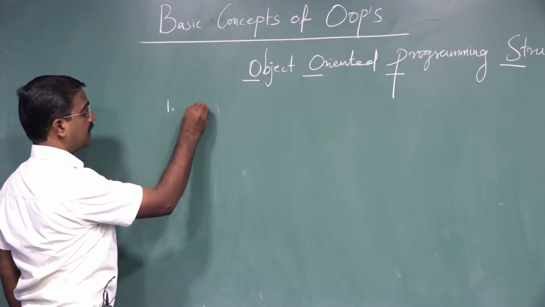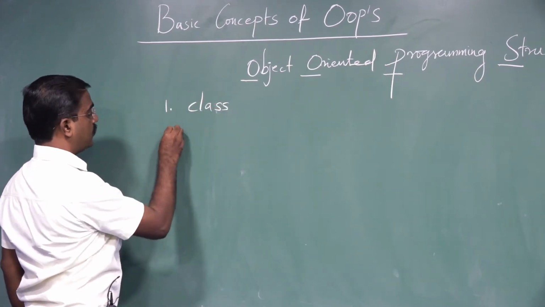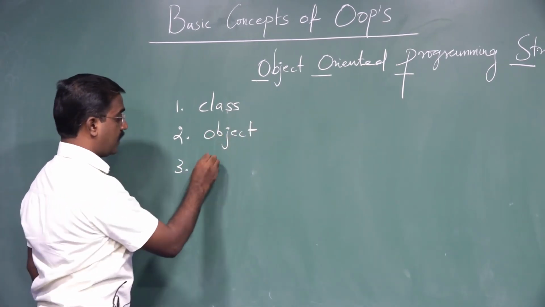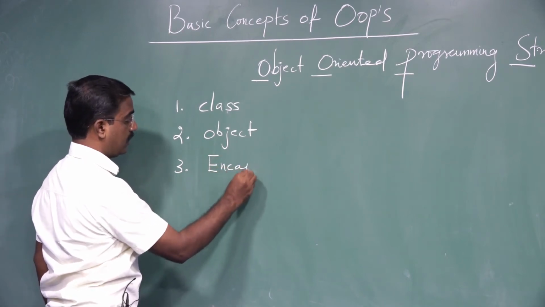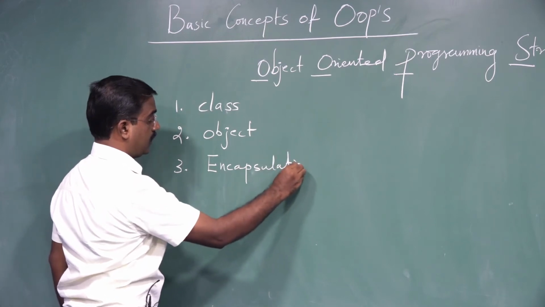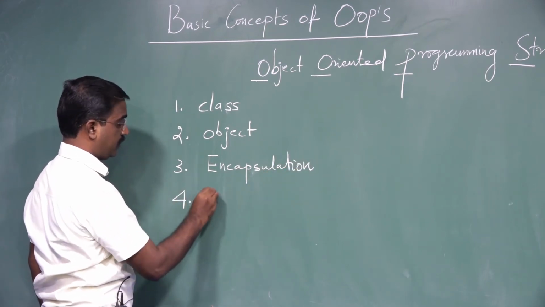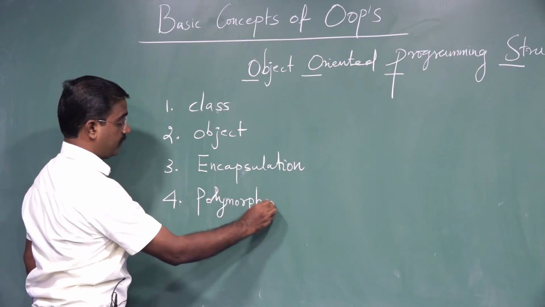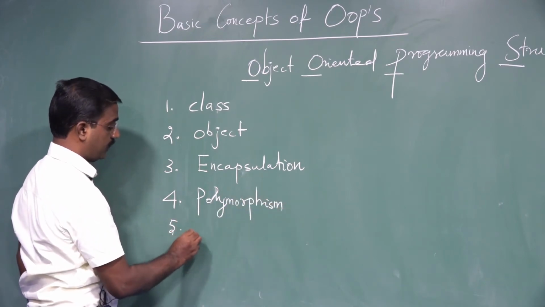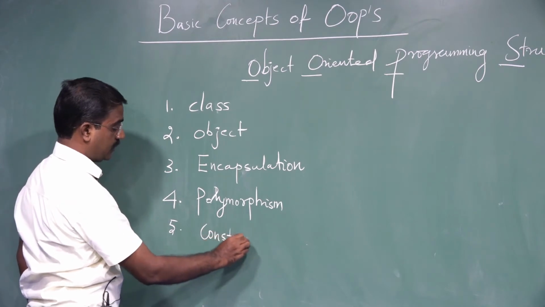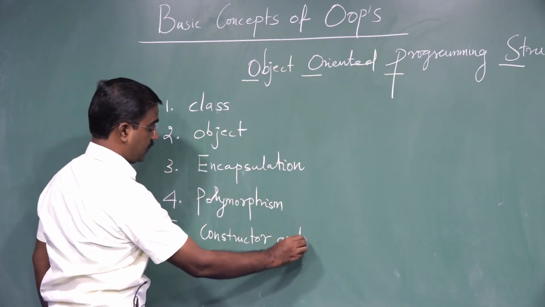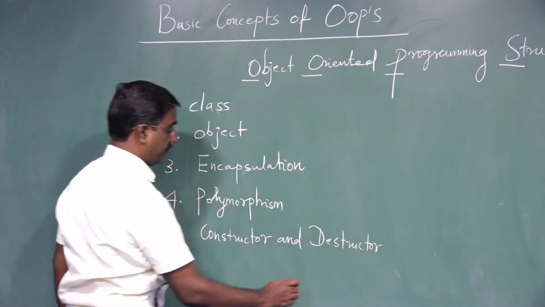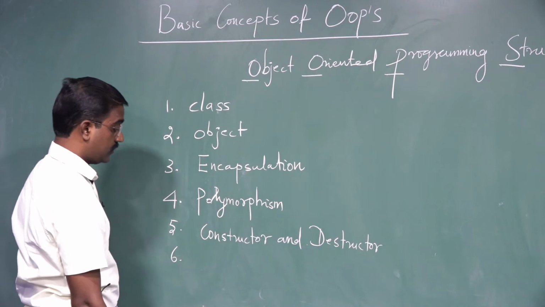Number one is a class, number two is an object, number three is encapsulation, number four is polymorphism, number five is constructor and destructor, and then inheritance.